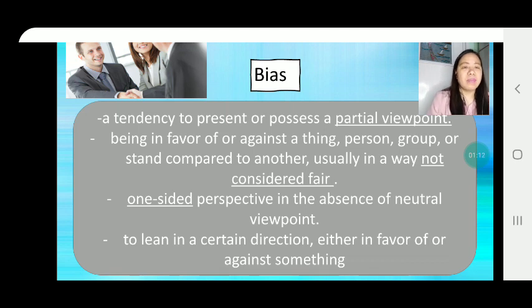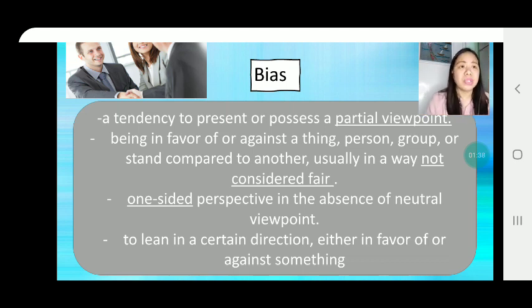And then it is one-sided perspective in the absence of neutral viewpoints. When we say neutral, there is a balance of your perspective wherein you see every other side. You see the different advantages and disadvantages of the thing or a person. So that's being neutral. But if you are biased, you are just one-sided. You are just like the other one and you don't want the other one.